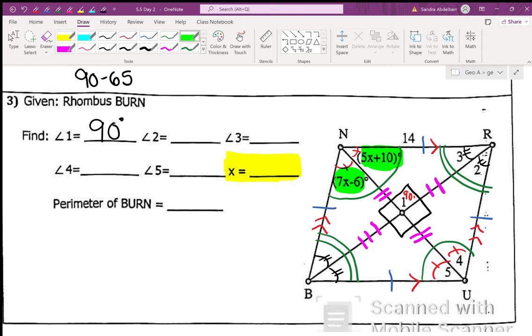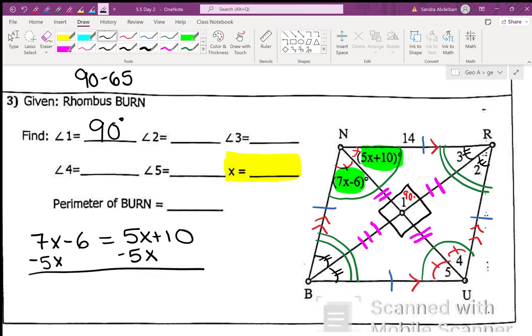So in order to find x, I'm going to say 7x minus 6 is equal to 5x plus 10. I'm going to subtract that 5x. And we're going to have 2x minus 6 is equal to 10. Add that 6 over. 2x is equal to 16, so x will equal 8.